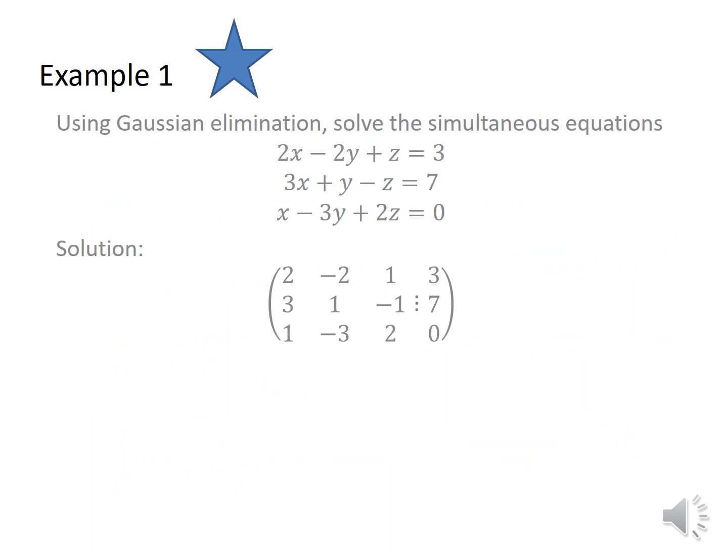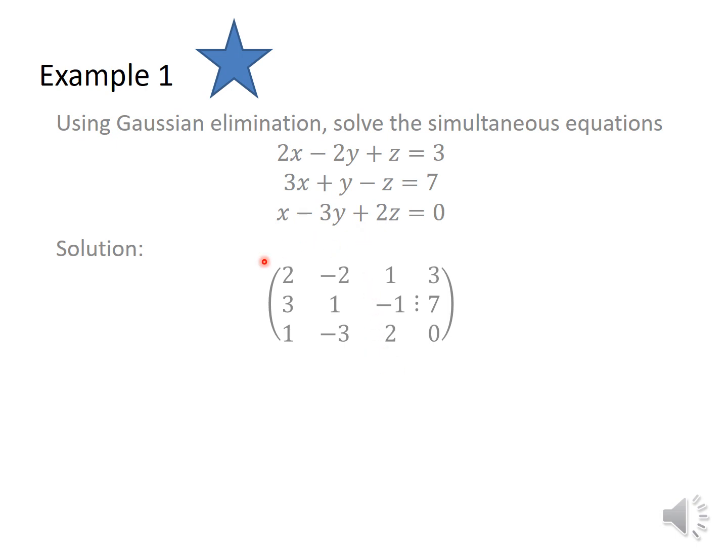Look at the first example with star. Using Gaussian elimination, solve the simultaneous equation. We also can call this a system because we have three equations and three unknowns. First step, convert this system into the augmented matrix.